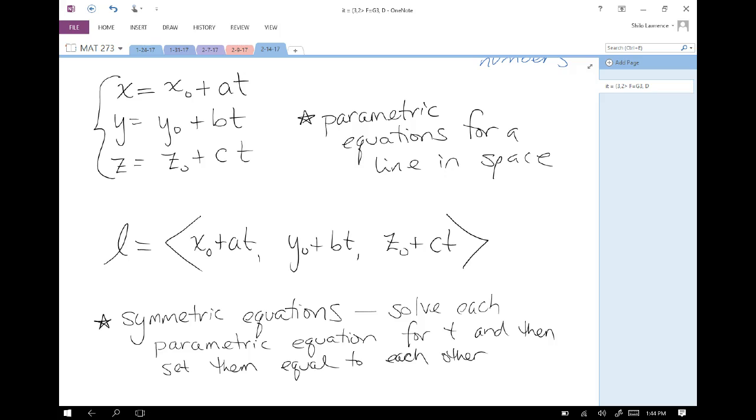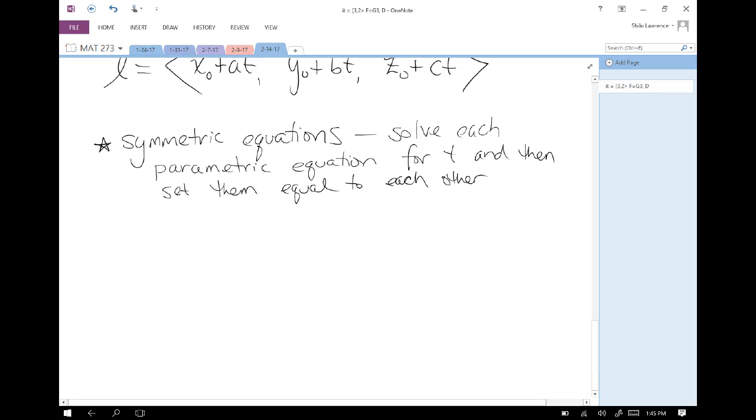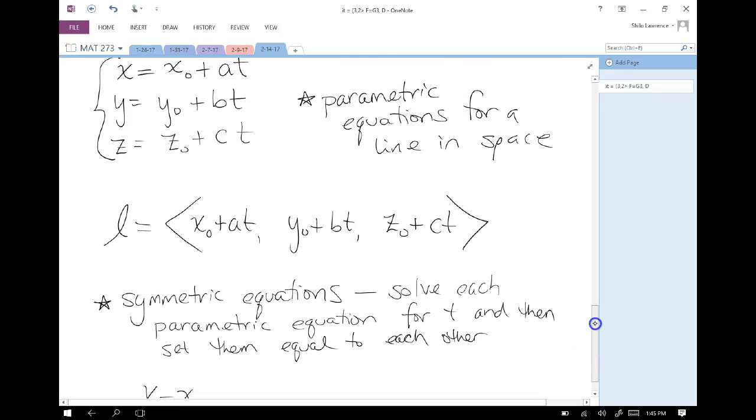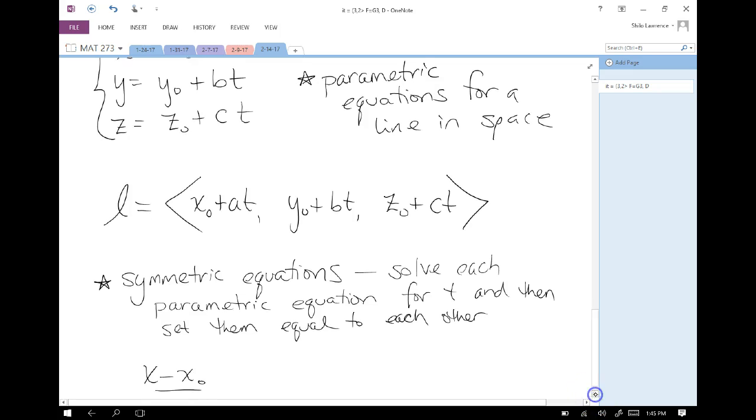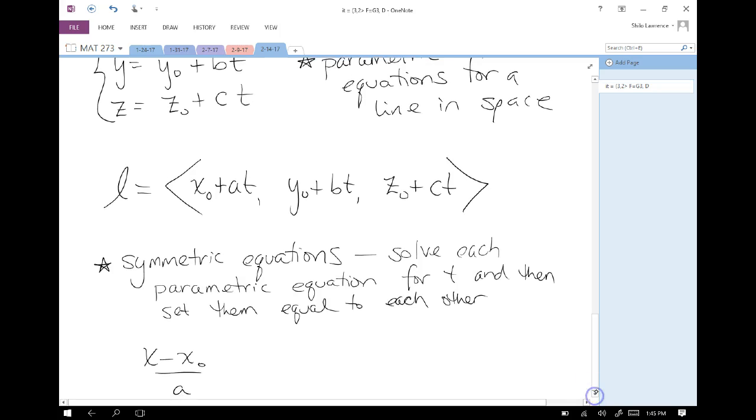X minus x sub 0 divided by a. And if I solve my y equation for t, what's it going to look like? Same, except you're going to have the y coordinate and the y change value.